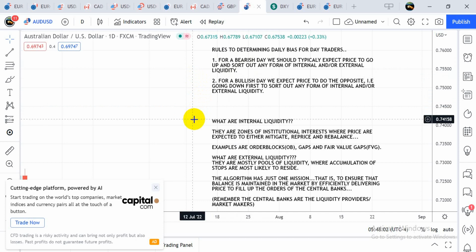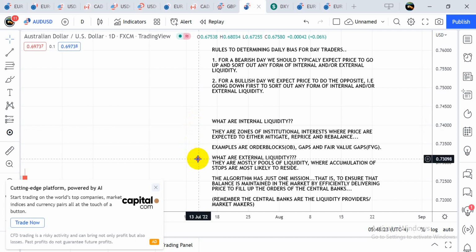In a bearish day, we expect price to go up to sort out buy side liquidity, be it internal or external. For a bullish day, we expect price to go down first to sort out sell side liquidity, be it internal or external.